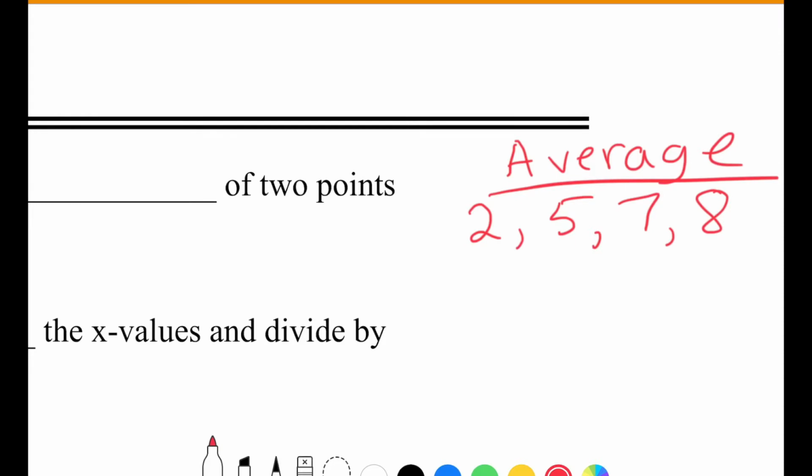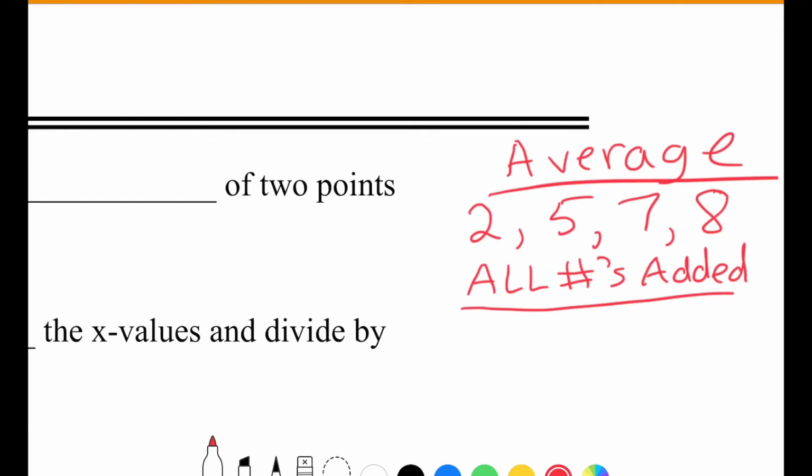Hopefully we know to take the average, we're going to take all the numbers and add them. Then we're going to divide all of the numbers added together by how many numbers there are.